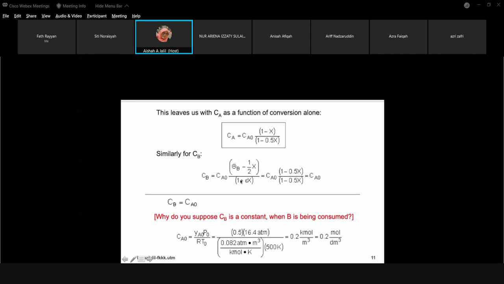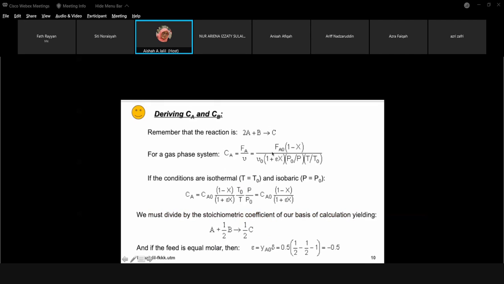Similarly, this is the equation for C_B. No need to calculate from this; just directly, like I said, there is a table on page 114, I think, or 112, I forgot, in the textbook.